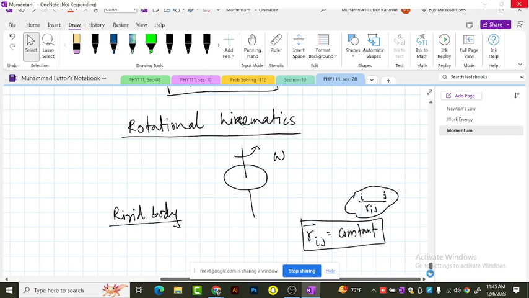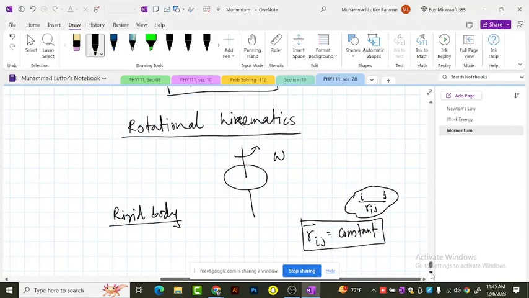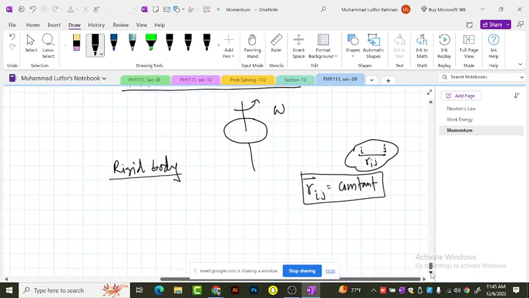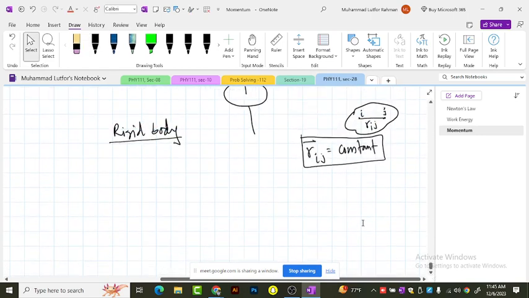In rotational kinematics, we will only discuss the rigid body system, rigid body kinematics and dynamics. All right, to describe the kinematics part, we need to introduce some parameters.